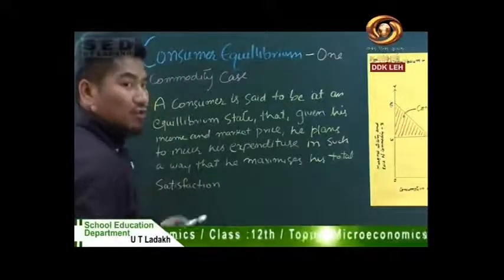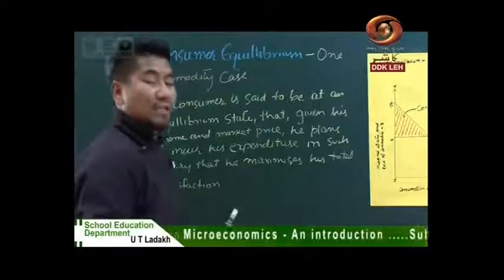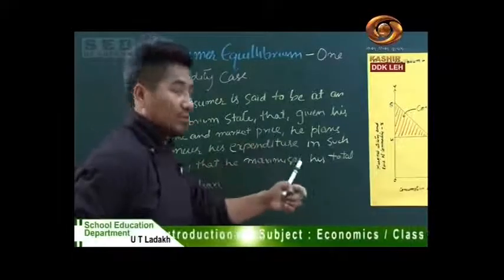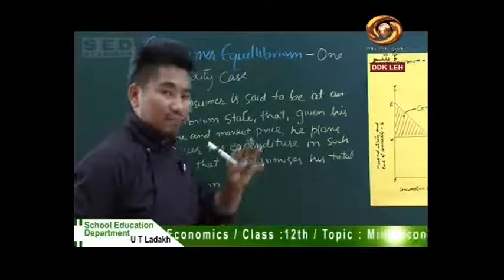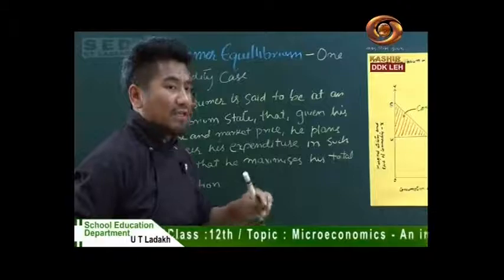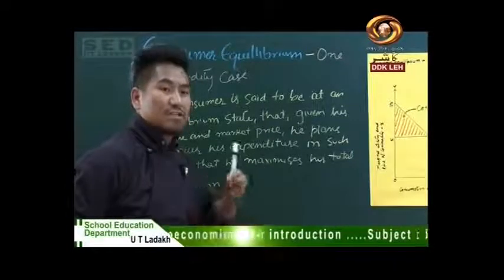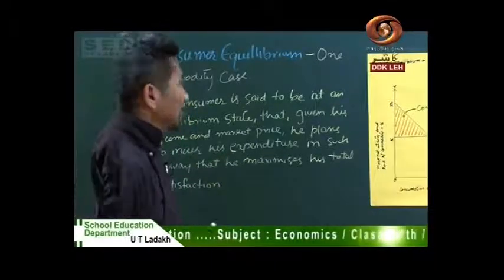So a consumer is said to be in an equilibrium state given his income and market price. Given his income and market price, he plans his expenditure in such a way that he can maximize his total satisfaction after spending his income. So this is the meaning of consumer equilibrium.